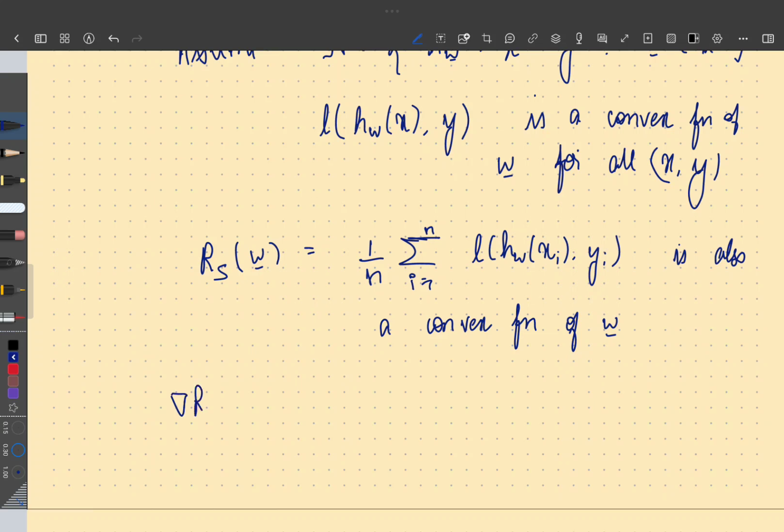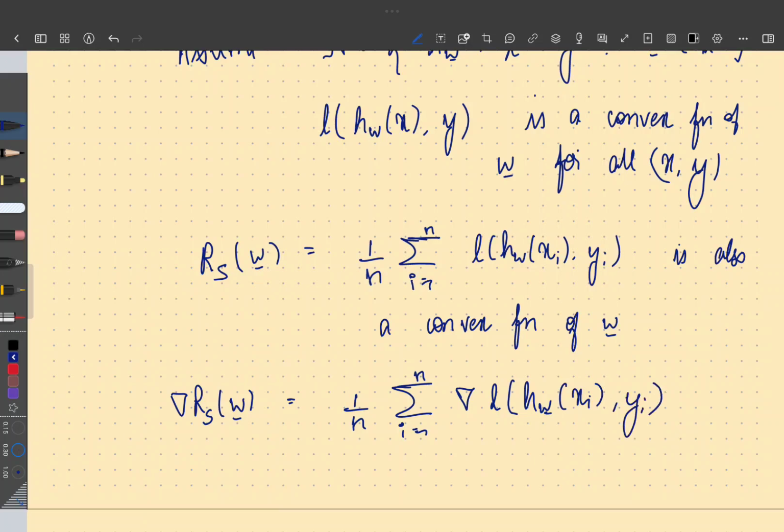If you take the gradient of R_S of W, remember here that you're taking the gradient with respect to W, this is equal to 1 over n summation i equal to 1 to n gradient of L of h_W of x_i, y_i.